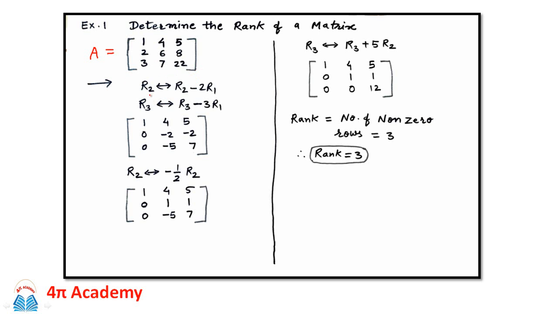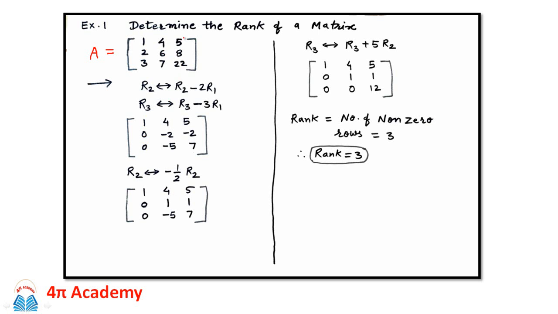So let us perform the row operation, that is R2 is replaced by R2 minus 2 times R1 and R3 is replaced by R3 minus 3 R1. When R2 is replaced by R2 minus 2 R1, this becomes 2 minus 2 times 1, that is 0. Then 6 minus 2 times 4, that is 6 minus 8, so minus 2.